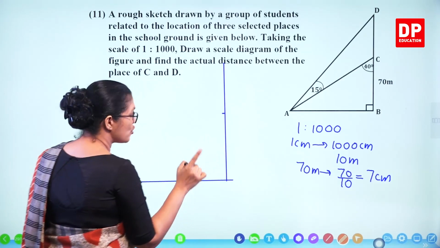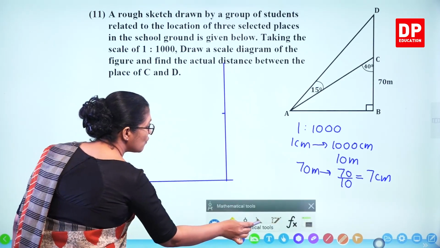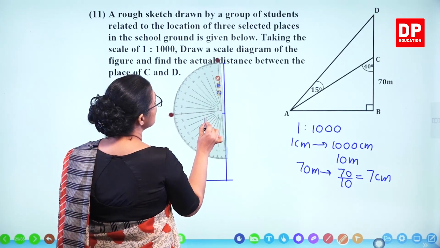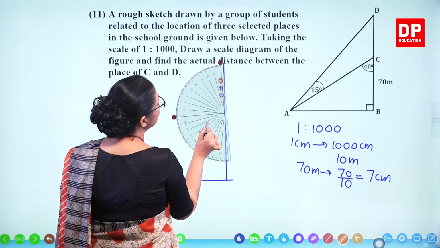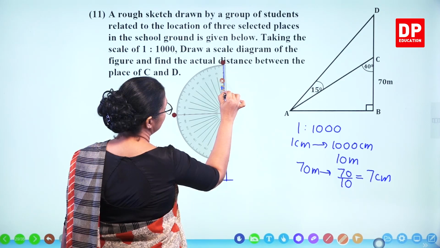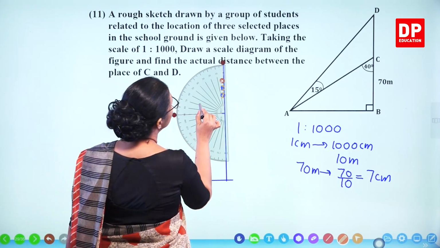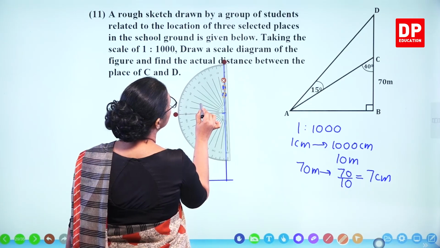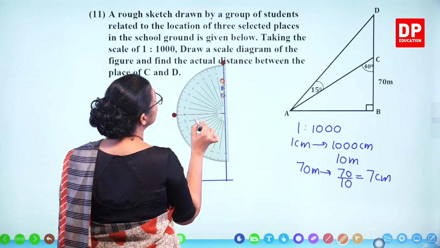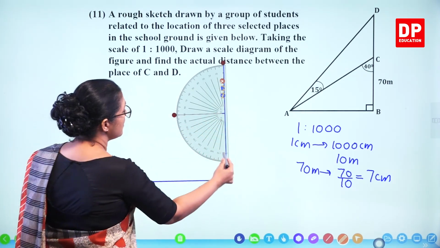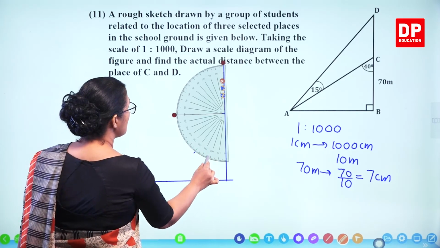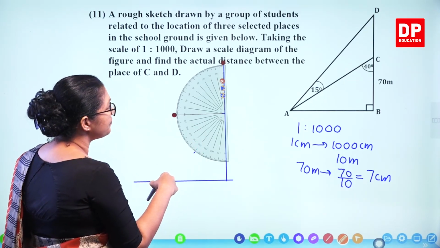Then you can use the protractor to measure the angle. So 40 degrees. So to this point, you need 40 degrees here. 10, 20, 30, 40. 40 degrees here.